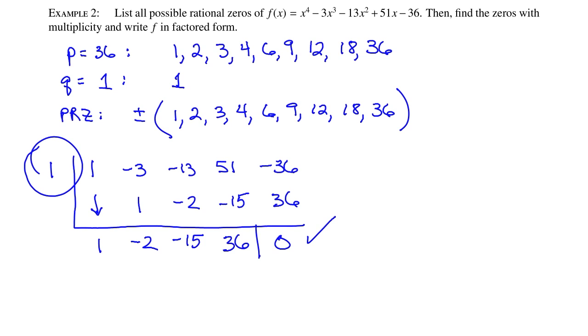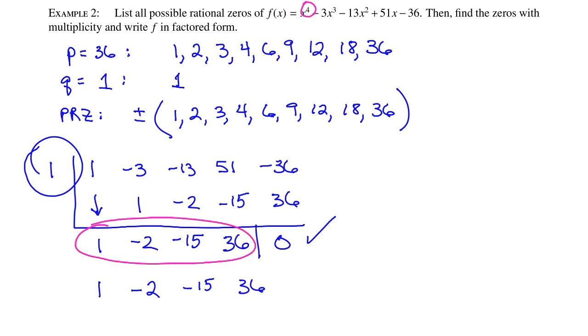Now, we started with a degree 4 polynomial. So that means the quotient only results in a cubic polynomial. We don't have the cubic formula or anything like this. So what we do is we stick with this quotient as the new dividend, and then we try numbers again from the PRZ.